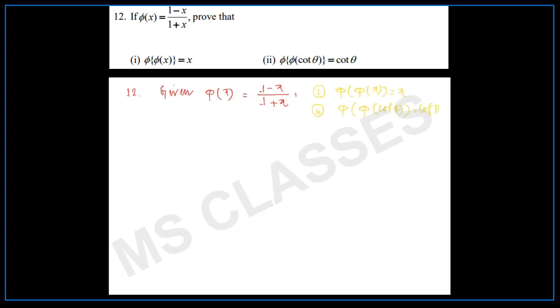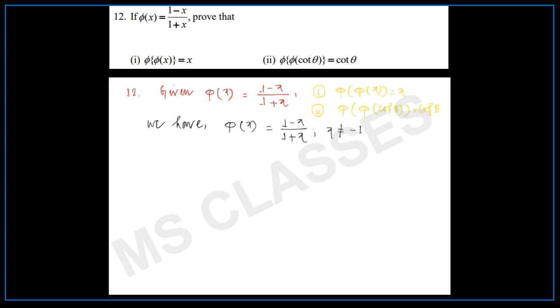Now, when we start here the sum, we can redefine the function phi(x) as phi(x) equals to (1 minus x) by (1 plus x), provided x not equal to minus 1. Now what do we have to find?